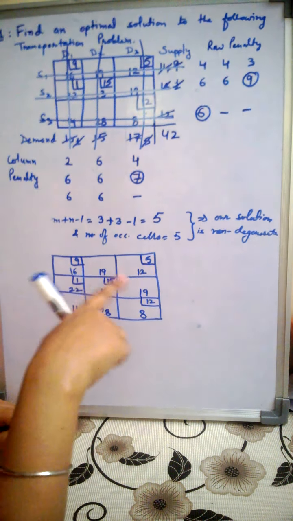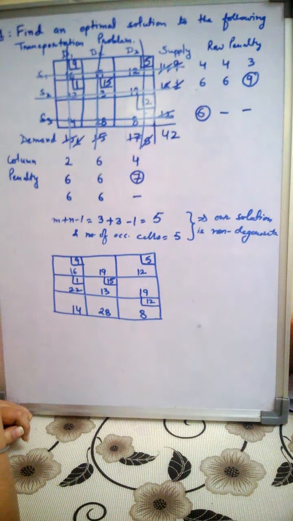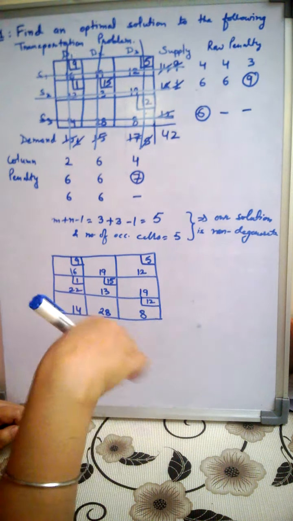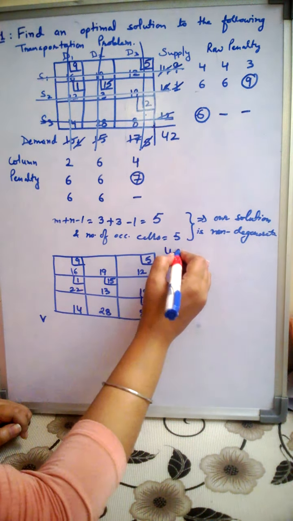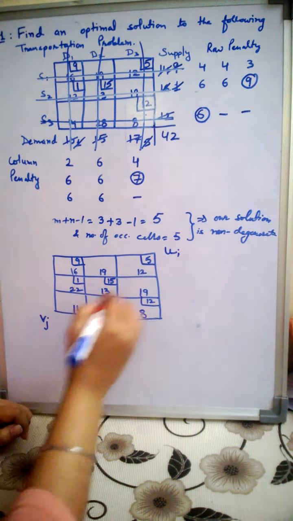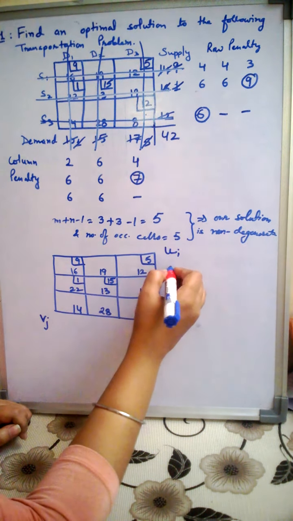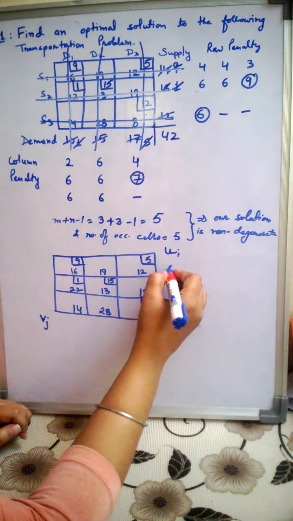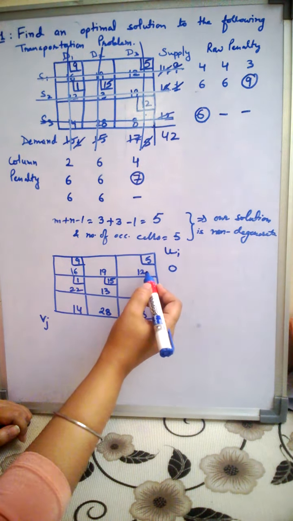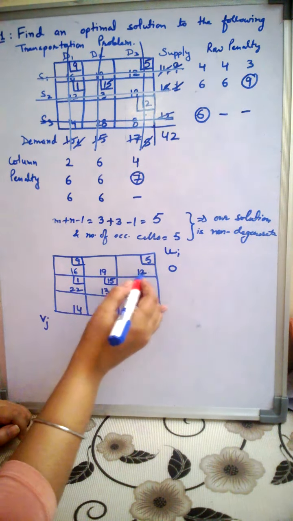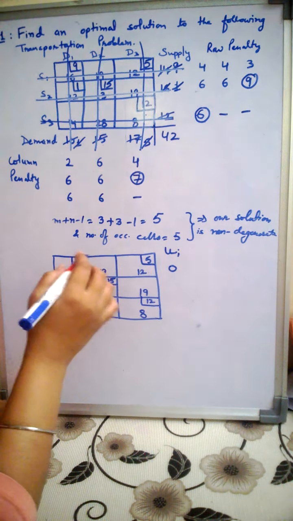Now we have to check whether this solution, the initial solution that we have obtained, is optimal or not. So we need to find out the u values and v values, that is ui and vj. Okay, so I told you that corresponding to first row, that is u1, we always take as 0, so I'll write 0 here. Now corresponding to this, we have this as well as this as the basic cell or occupied cell.